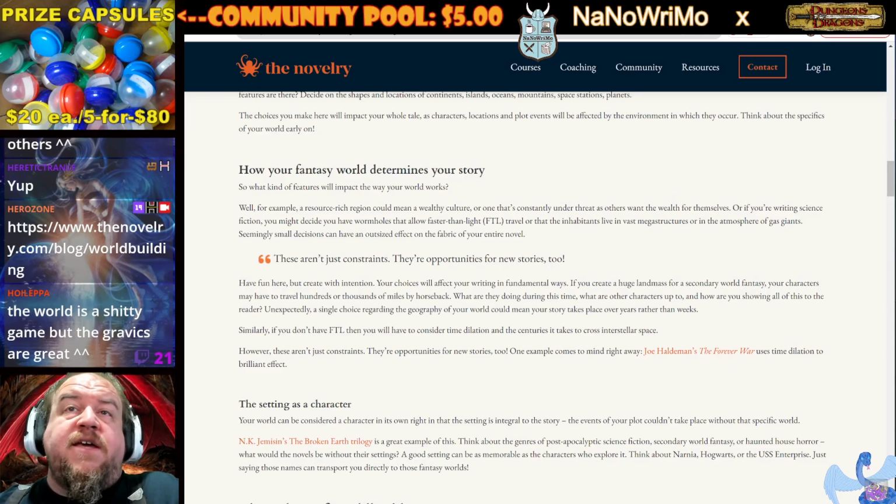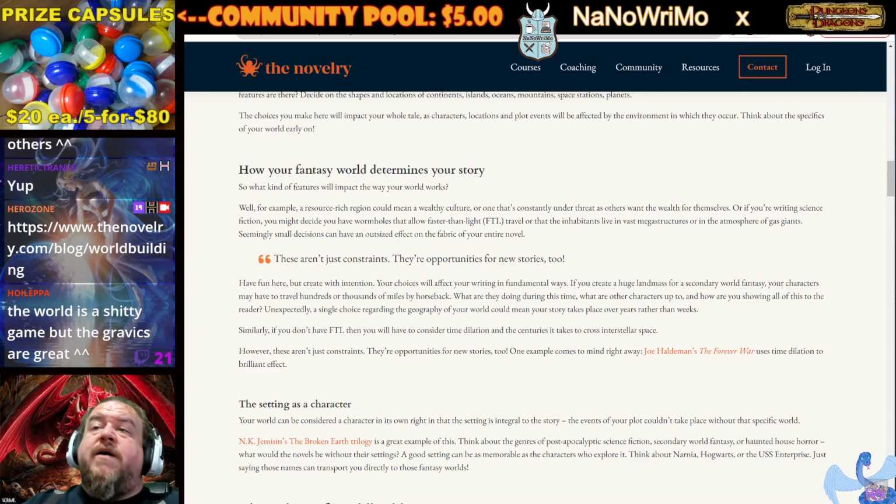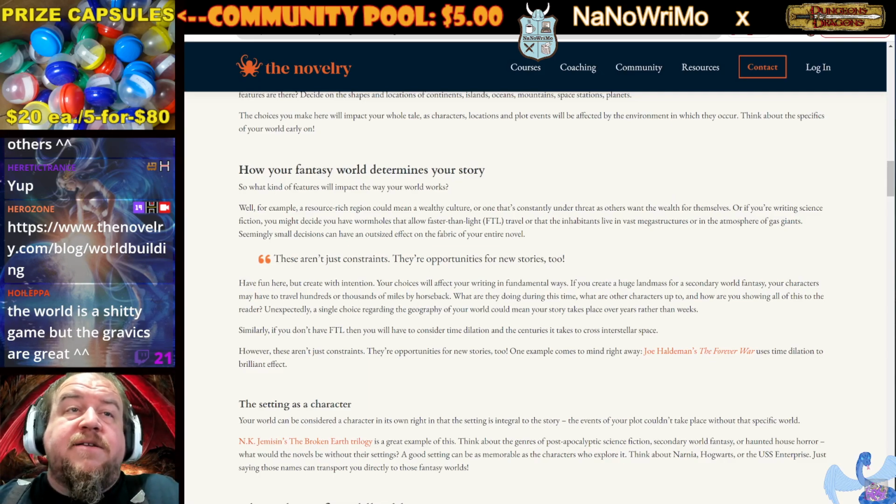Similarly, if you don't have FTL, then you'll have to consider time dilation and the centuries it takes to cross interstellar space. However, these aren't just constraints. They're opportunities for new stories too. One example comes to mind right away. Joe Haldeman's The Forever War uses time dilation to brilliant effect.